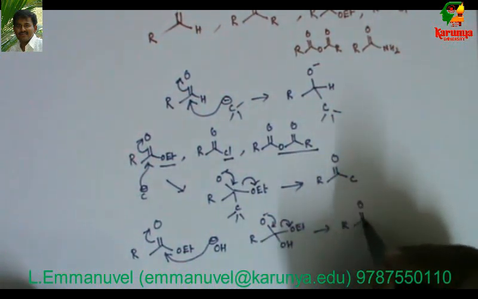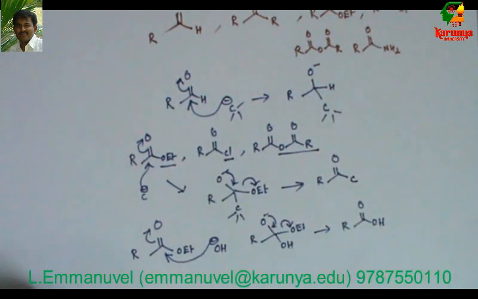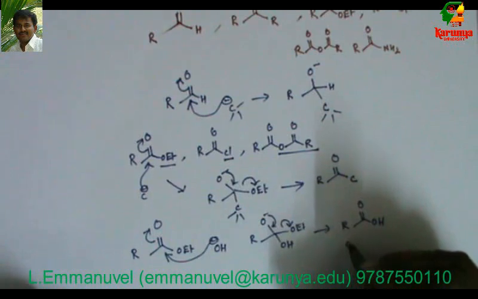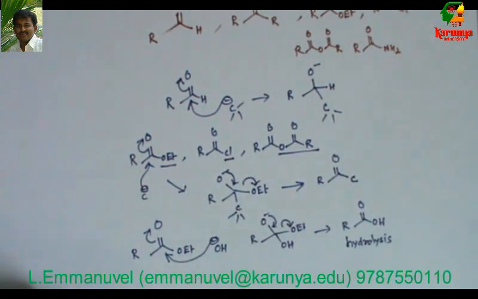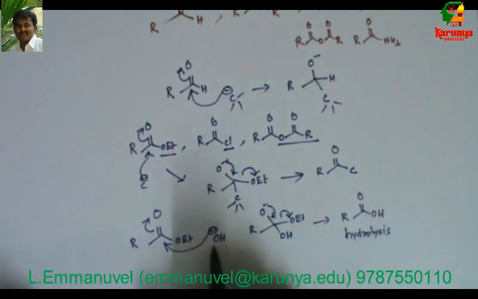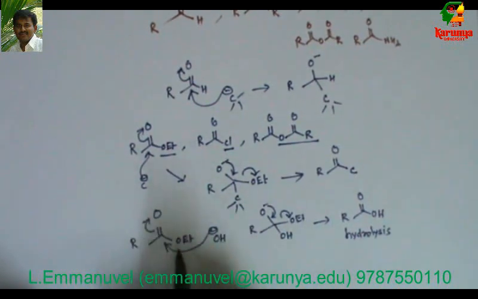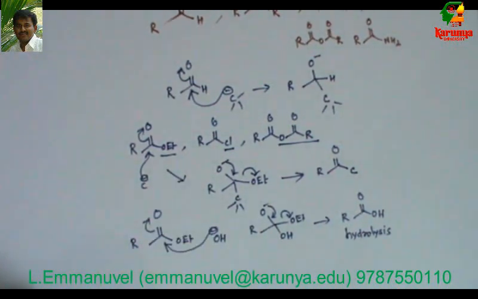So what we get is acid. This is called acid hydrolysis of ester, or base catalyzed hydrolysis of ester. Similarly, if you add amine, that also will displace this, but it requires somewhat high temperature.